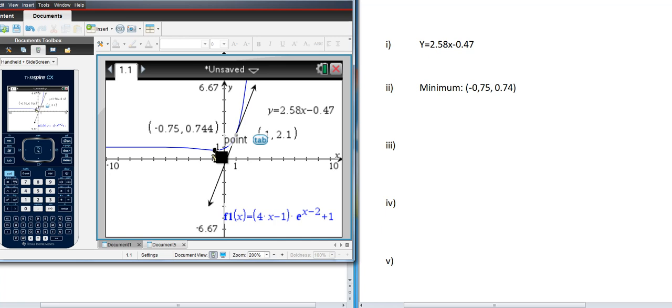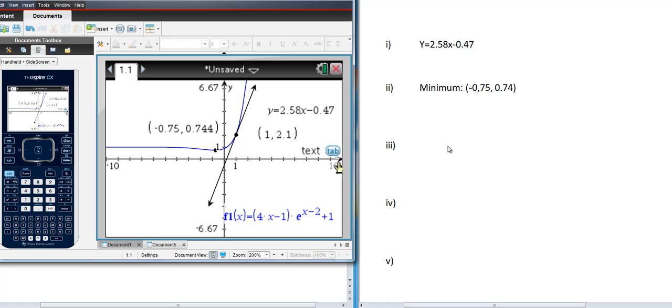So the breaking point is here, because from here to where x is minus 0.75, f(x), or the y value, is decreasing, going down, and after this minimum point it increases.